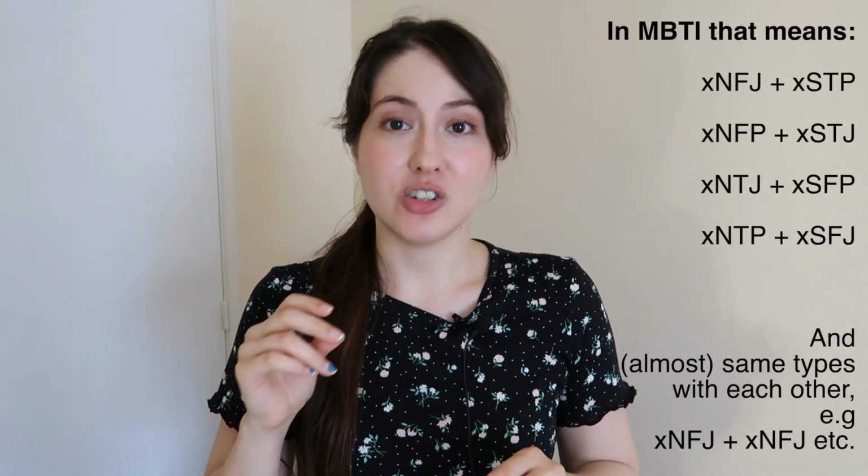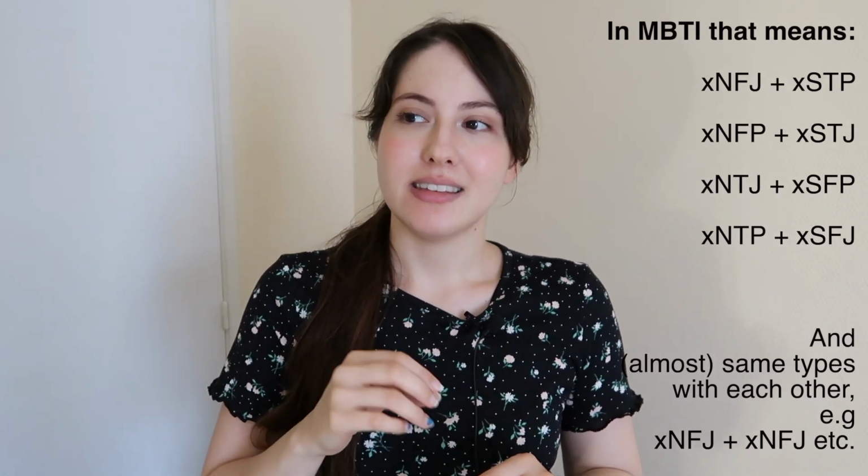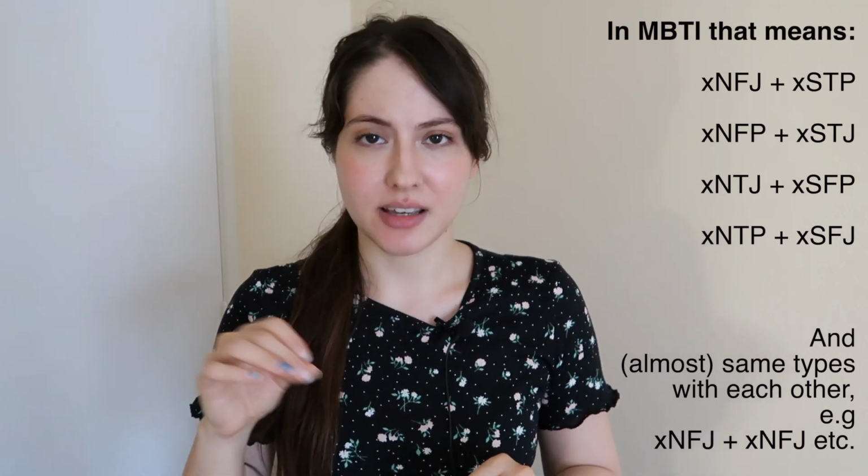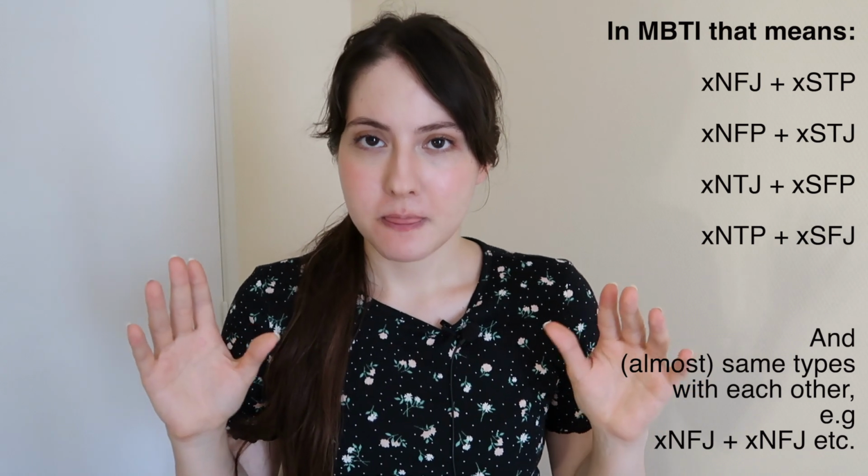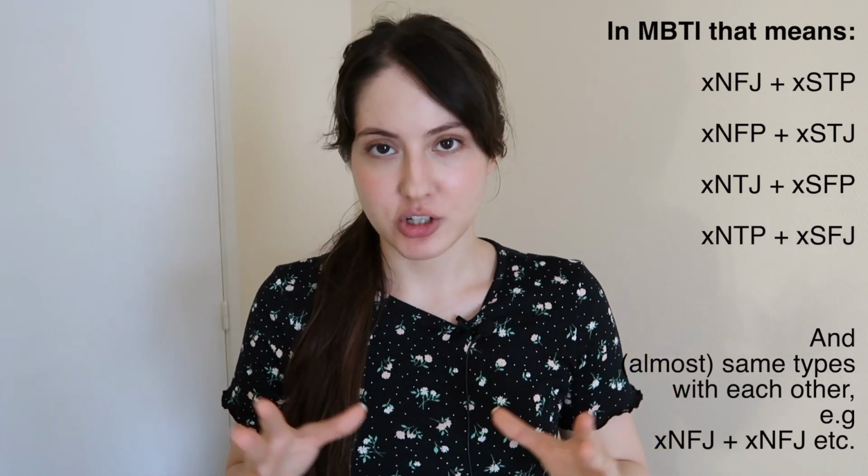It basically means which cognitive functions you prefer using and you prefer other people use as well, because it matches your own views. That's just natural. NFJs and STPs together, NFPs and STJs together, SFPs and NTJs together, NTPs and SFJs together. In MBTI terms, these match up, okay?